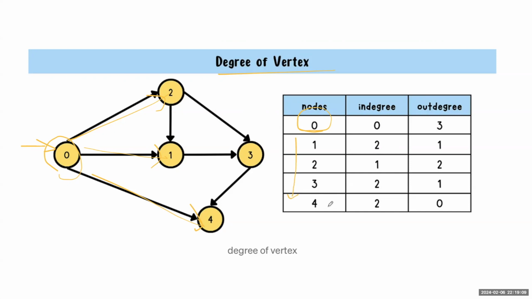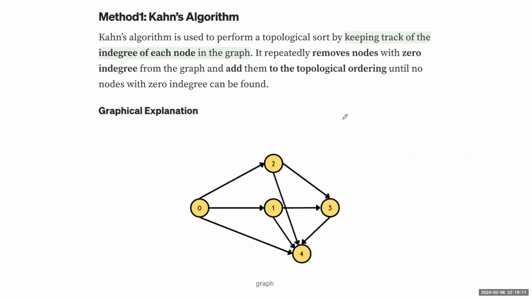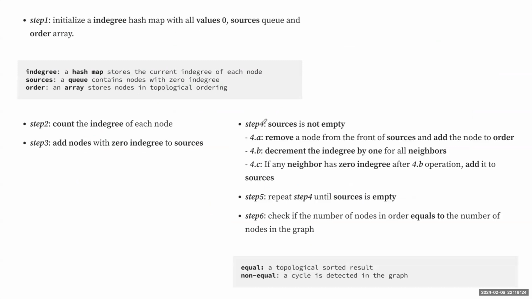We don't have to see another example. So I use this algorithm, and it just keeps track of the in degree of each node. The first step, we have to initialize the in degree as a hash map with all values as 0, and sources is a queue, and we have an order array.